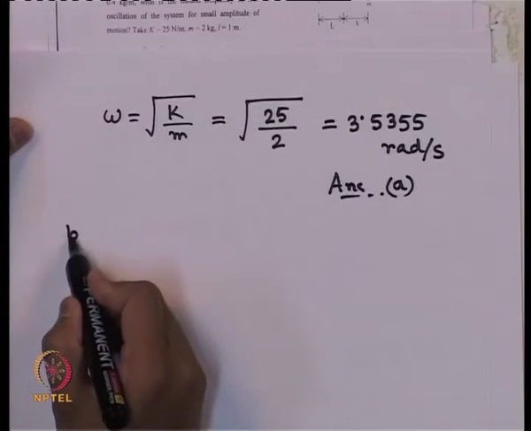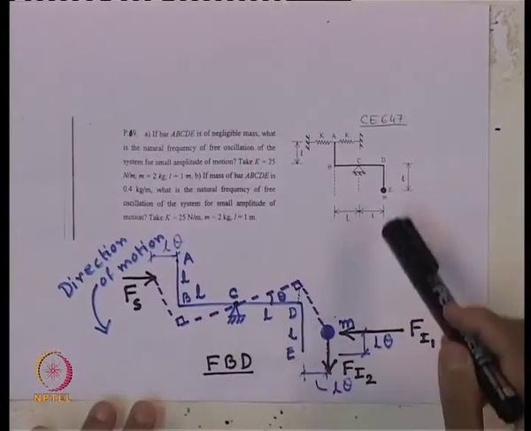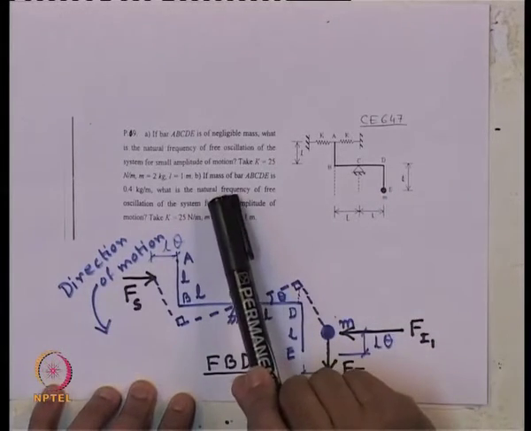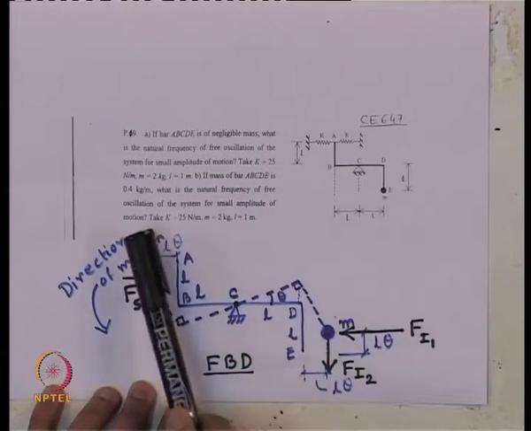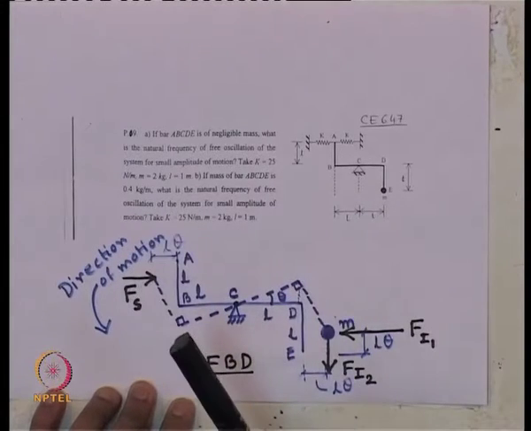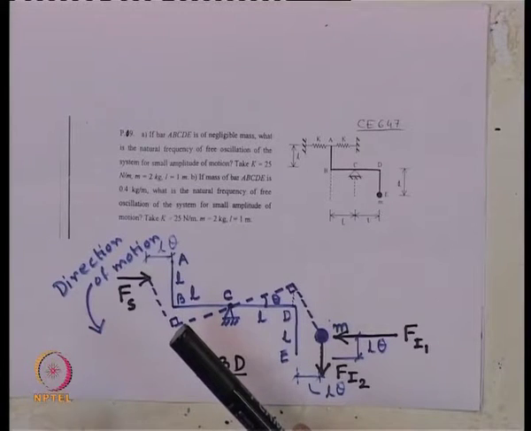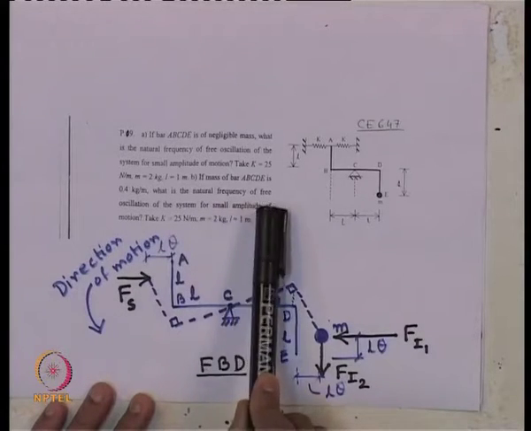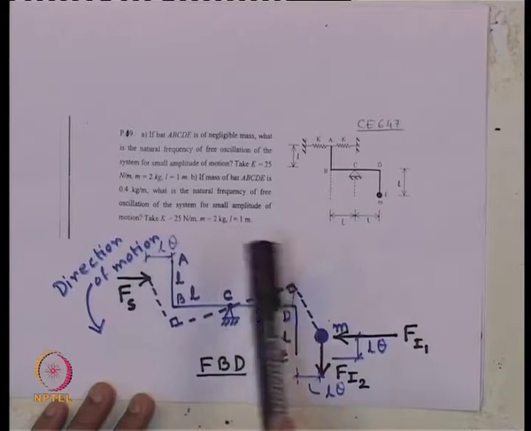Now let us go to the next part of the problem, part B. Let us come back to this figure again. What does part B say? If the mass of the bar A, B, C, D, E is 0.4 kg per meter, so the uniform mass of the bar is given per meter length, what is the natural frequency of free oscillation of the system for small amplitude of motion?